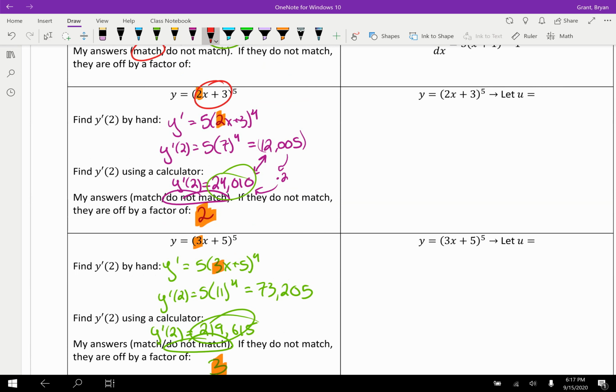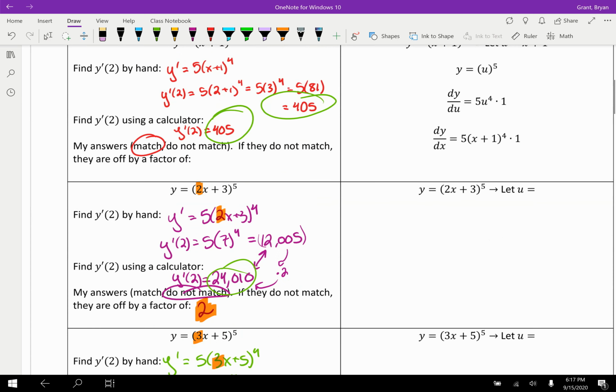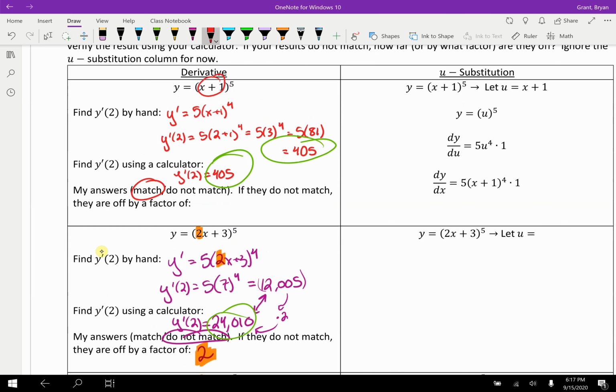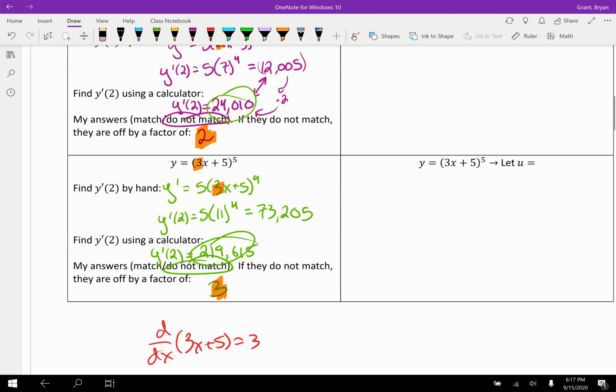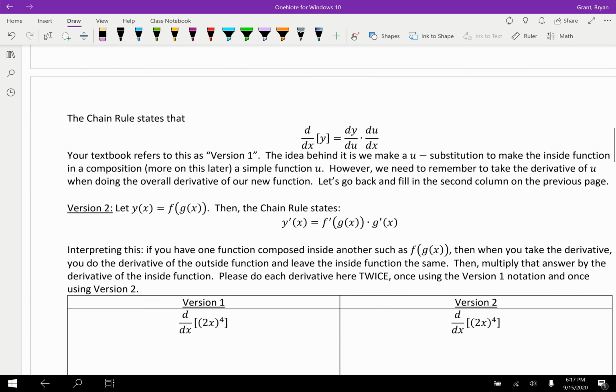The derivative of 2x plus 3 is 2, and the derivative of x plus 1 is 1. So maybe they're off by a factor of 1 because they're not off at all. And it turns out that, yeah, that is what the chain rule is telling us.